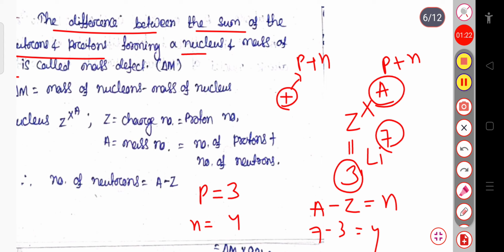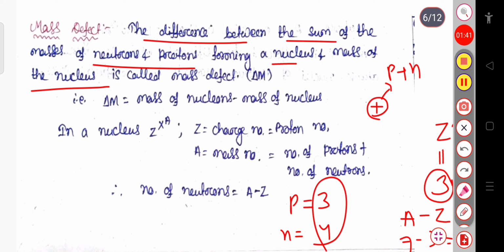If you calculate the nucleons, that is the sum of the proton and neutron, it is combinedly called the nucleons, or this is the mass number. It will always be in whole number form. But if you actually weigh the nucleus, that gives the mass of the nucleus, which may or may not be a whole number.